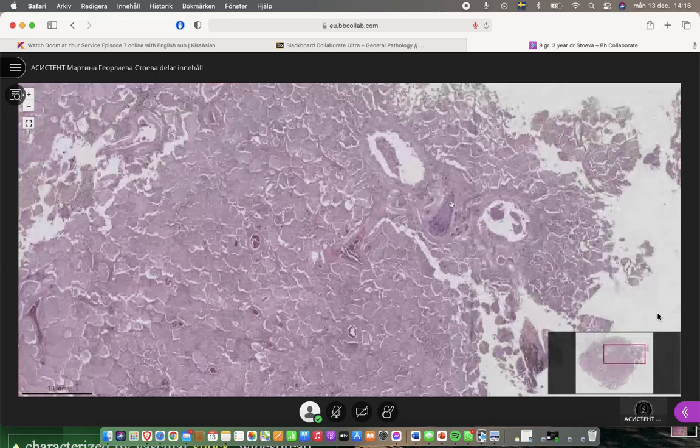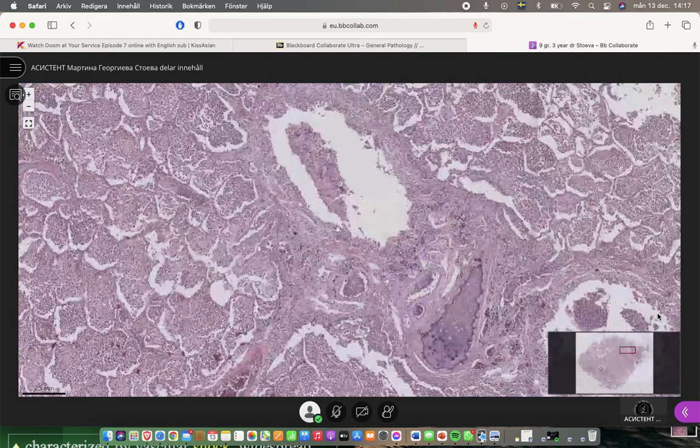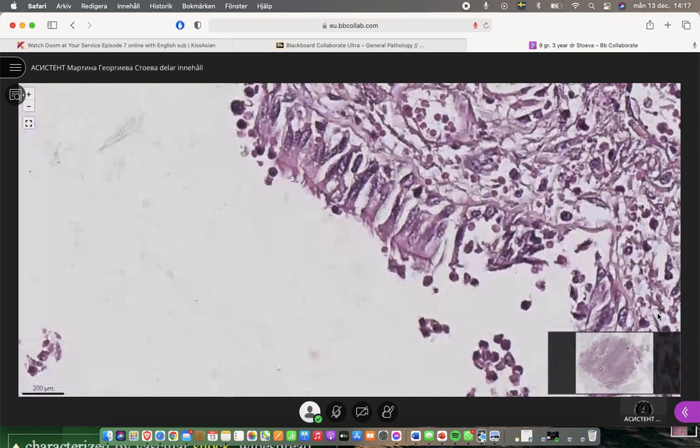and it is next to a lumen lined by pseudostratified columnar ciliated epithelium. Here the cilia are quite well visible. Partly the epithelium is missing, but still we can find some zones where we can recognize it.